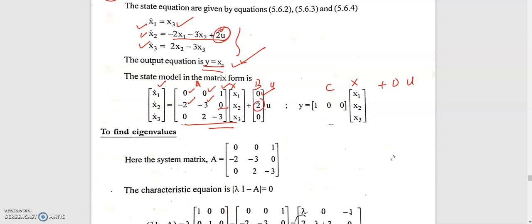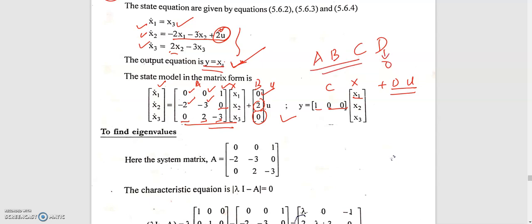Then the third one: x1 coefficient is 0, x2 coefficient is 2, x3 is minus 3, and u coefficient is 0. So write down the state model. Similarly, for y, you have only the x1 coefficient, which is 1, remaining all are 0, and the D coefficient is 0. Now you have all the terms A, B, C and D, where D is 0.